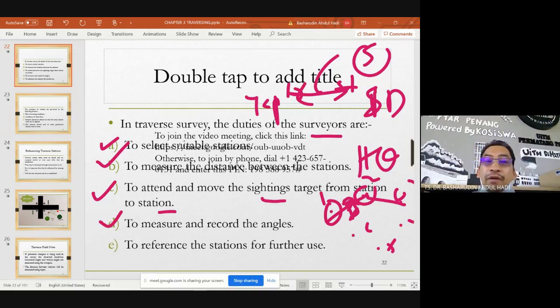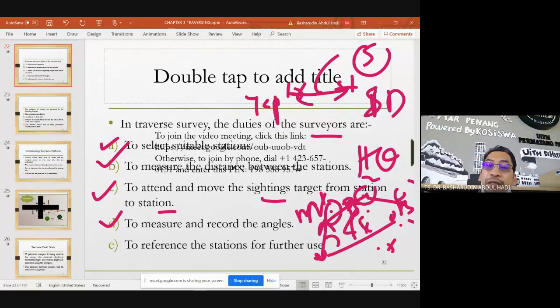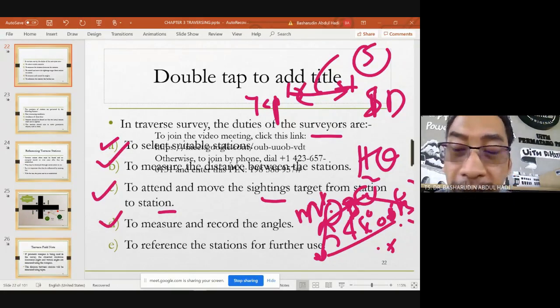To measure and record the angles, for example, going from point A to point B, you measure the angle by compass. This one is magnetic north, MN. So your angle is 45 degrees 0 minutes. You don't have seconds because the compass is low accuracy and very cheap.